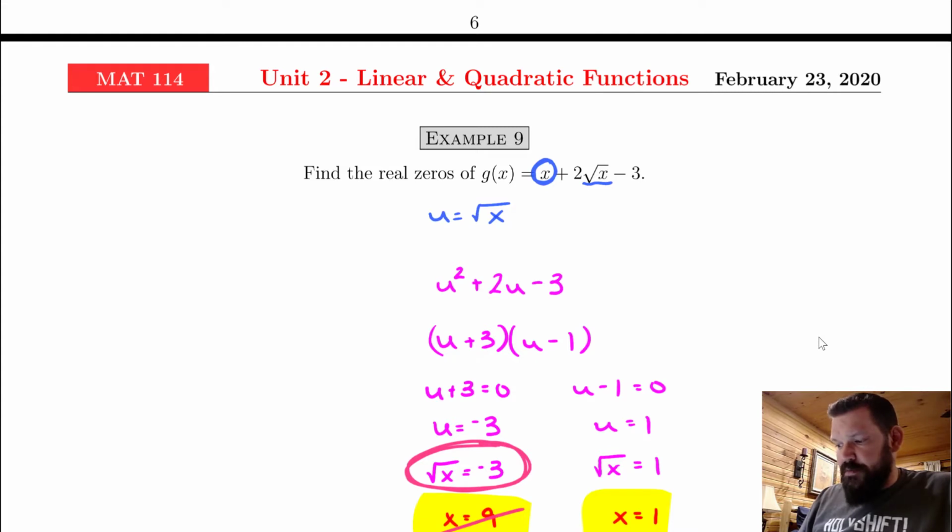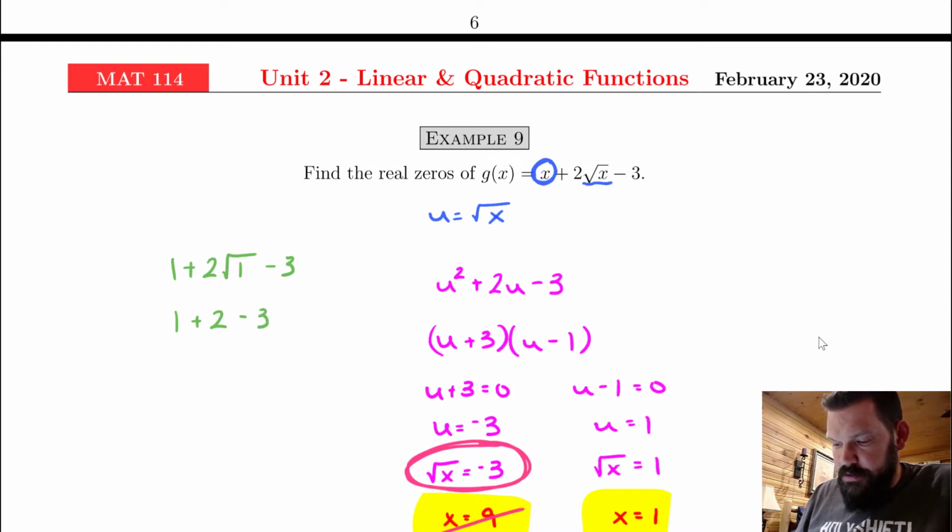So we can check 1 to make sure that it does work, and we get 1 plus 2 times the square root of 1 minus 3. 1 plus 2 minus 3 does in fact equal 0. So 1 is a 0 of the function.